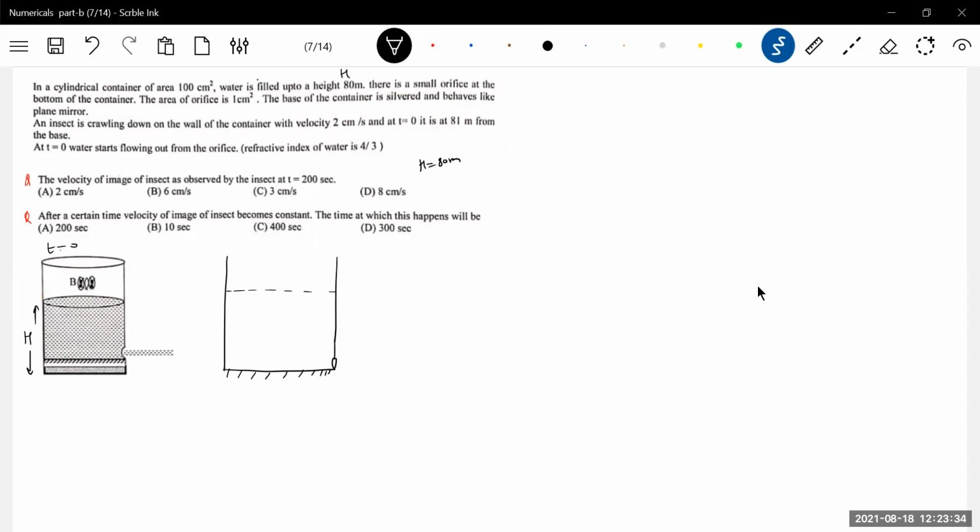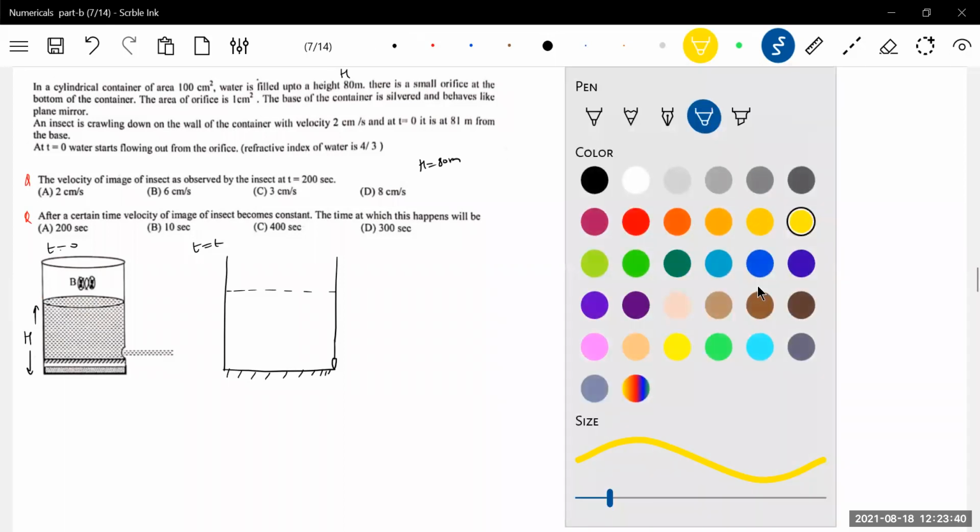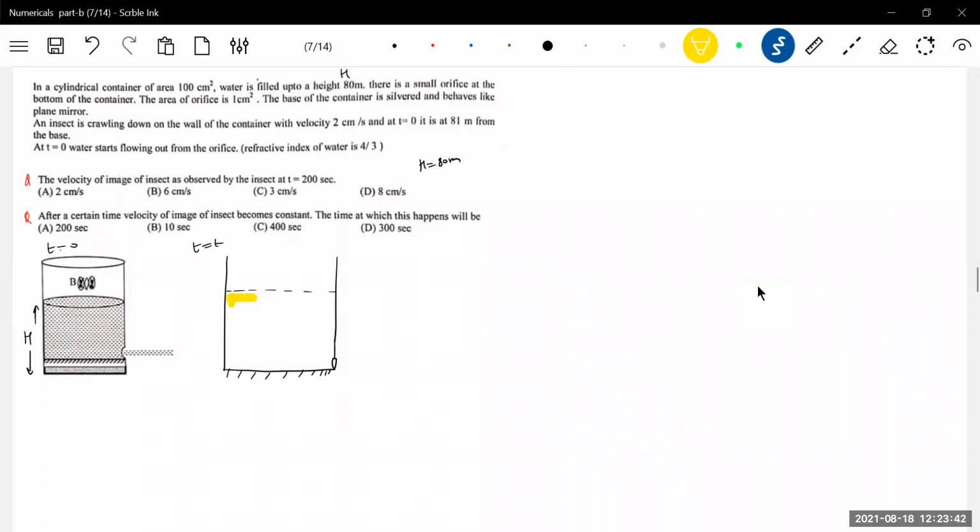At any time t, let this be the situation. And the level of water, let it be h, here velocity v.